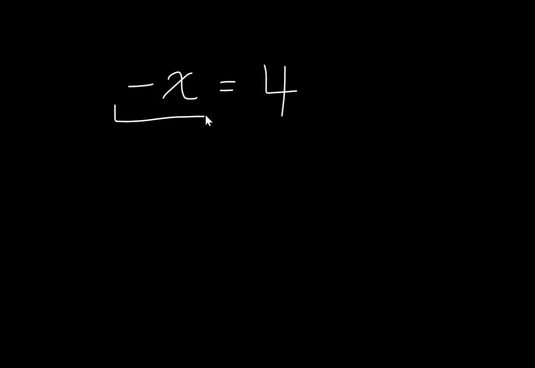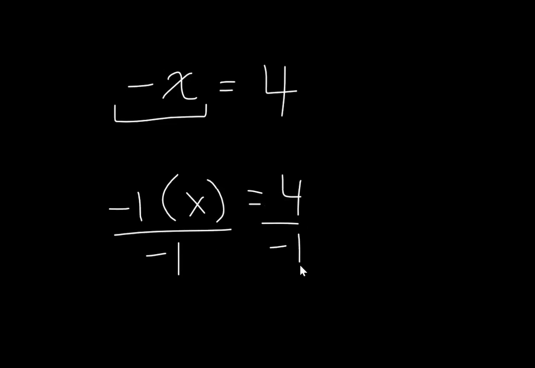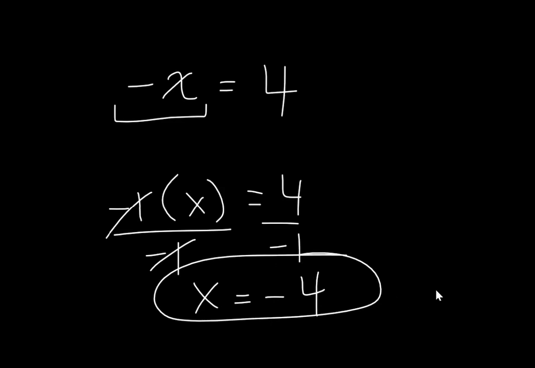You have to realize that negative x is equal to negative 1 times x. We divide both sides by negative 1, and the negative 1 cancels. 4 divided by 1 is 4, and since there's only one negative sign, your answer is negative. X is equal to negative 4.